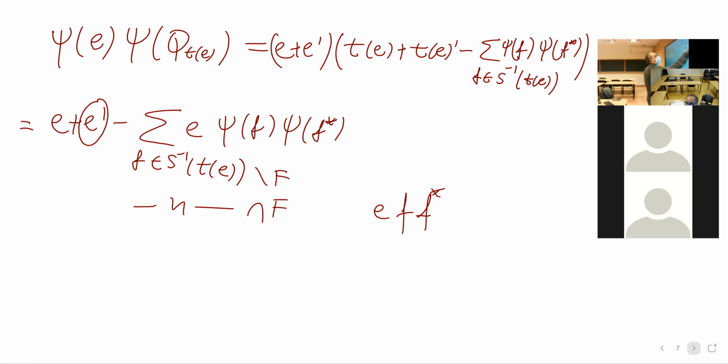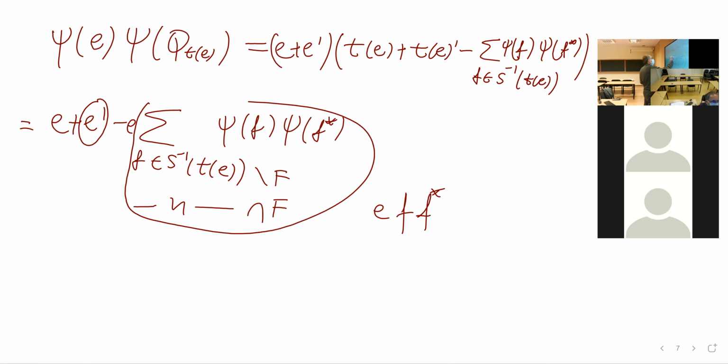So I take this. Okay, I see. So I write E in front of the sum, okay? And basically what I argue now is that the whole mass is equal to T of E by the second concatenation.